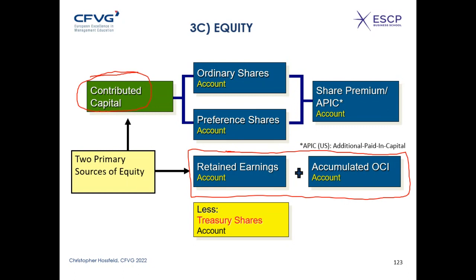So we could say that making profits and retaining part of those profits is the organic growth of equity. Whereas contributed capital or issuing new shares is a type of external growth, because I literally ask shareholders to invest new money in the company.